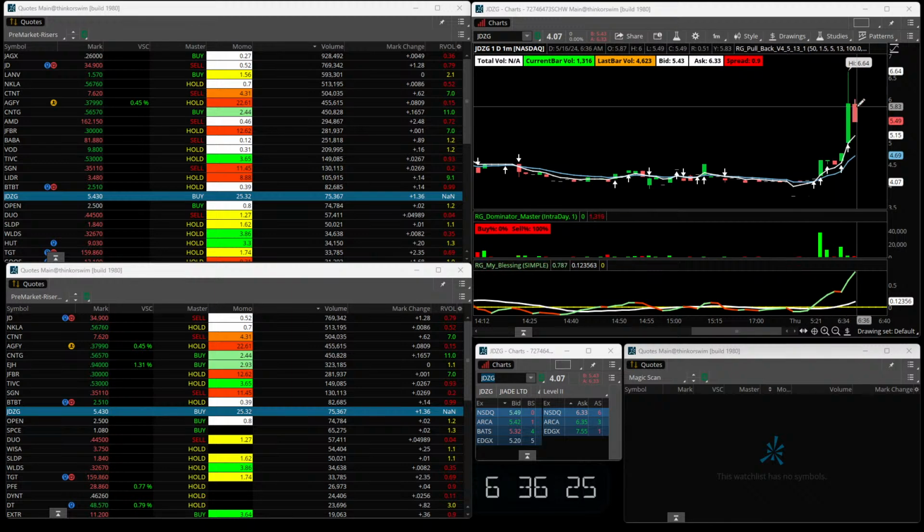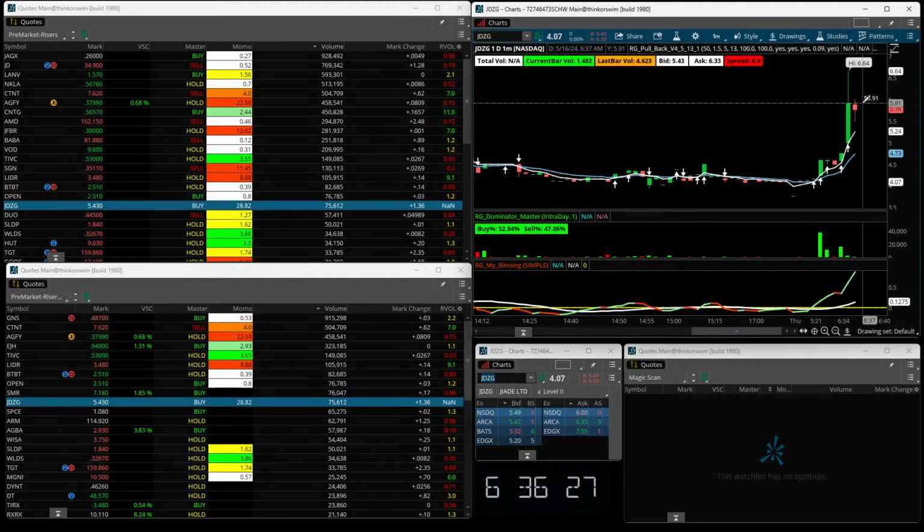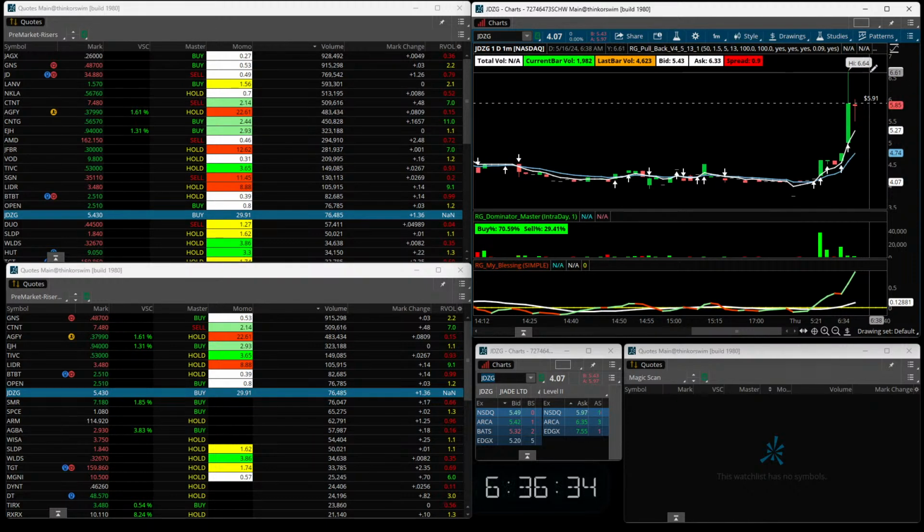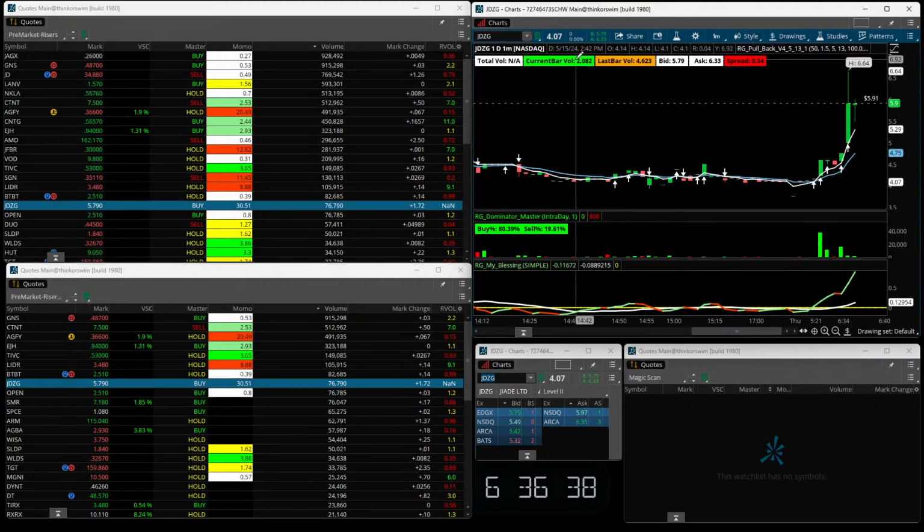Let's see if that's a pullback. We're watching for a long wick on the bottom of this candle for the buyers to come in and drive it up, but this is a warning signal right here.